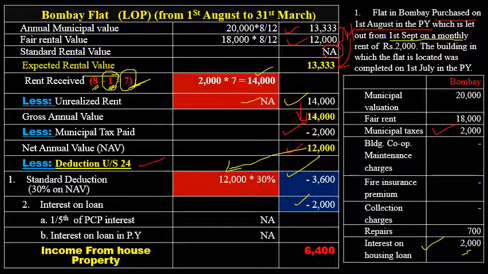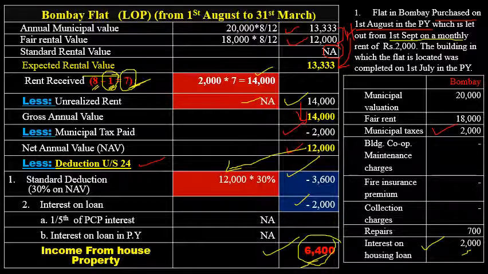Direct interest on loan is given, that is 2,000. So after considering the standard deduction and interest on loan, the total income from house property is 6,400 for the previous year. 12,000 minus 3,600 and minus 2,000. The balance 6,400 is the income from house property. That's the income of the Bombay flat.